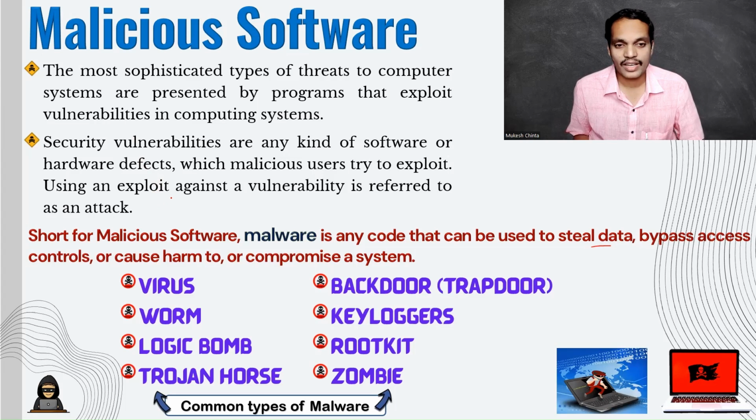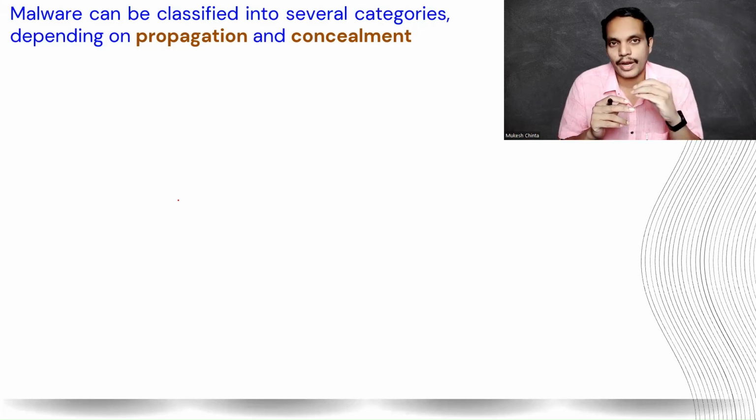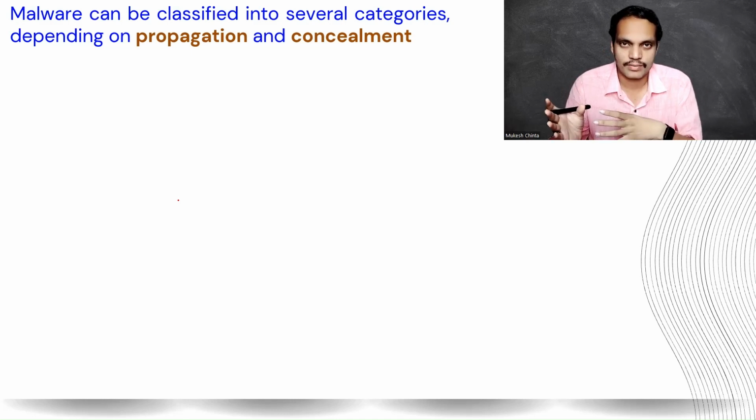Let us first discuss how we categorize malware. Malware can be classified into several categories depending on two things. The first one is propagation and the second one is concealment. Propagation means whether the malware can propagate automatically or it needs human assistance.